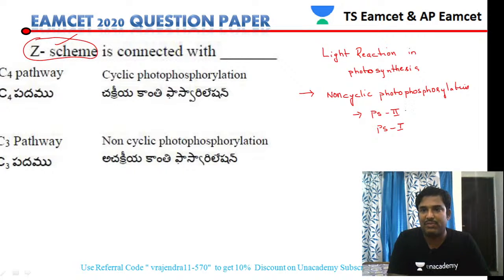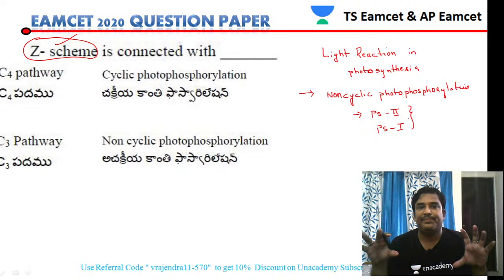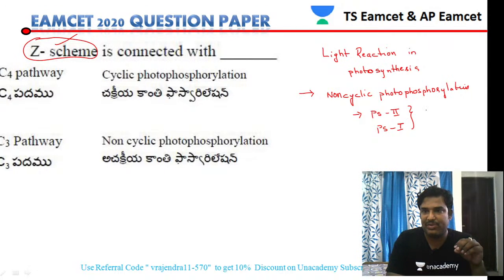Together they complete the light reaction. Such a process appears as a Z scheme. So the Z scheme is shown by non-cyclic photophosphorylation. That is the important part.